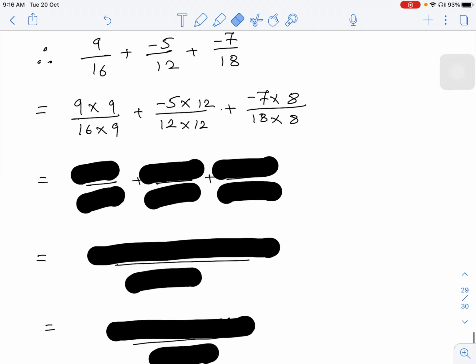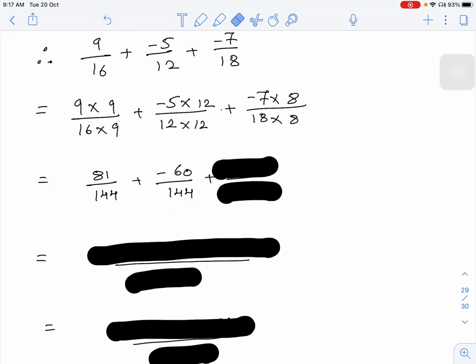Now just go on multiplying numerator with numerator, denominator with denominator. 9 nines are 81 upon 144. Minus into plus will become minus, 12 fives are 60 upon 144. The next one, minus into plus will become minus, and 7 eights are 56 upon 144.